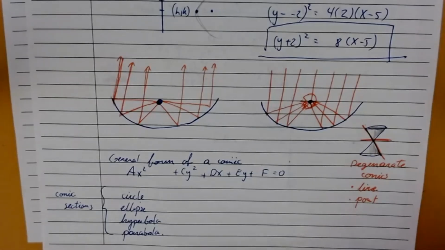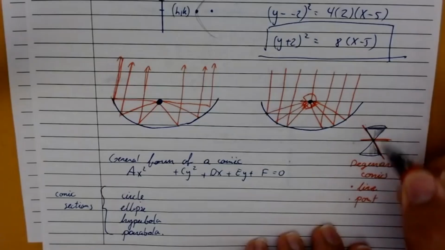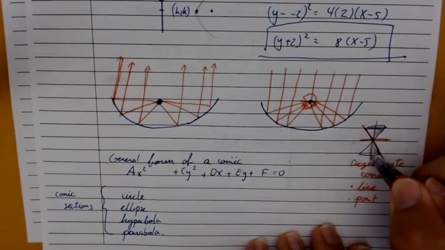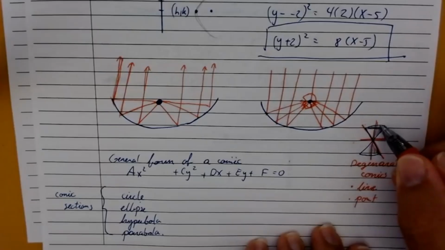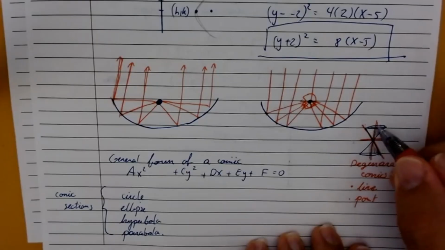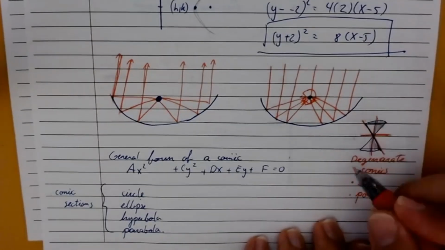Oh, I suppose there is a third degenerate conic. If you slice right up and down, that's a hyperbola. But if you slice right along the middle, you'll simply get the leading edges of your parabola. So you'll have a straight line from both sides of your cone, and what you'll end up with are two lines that cross each other.